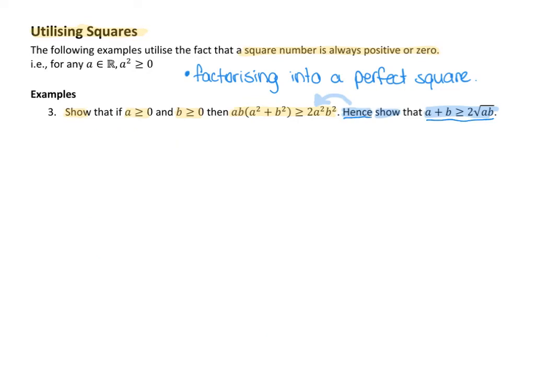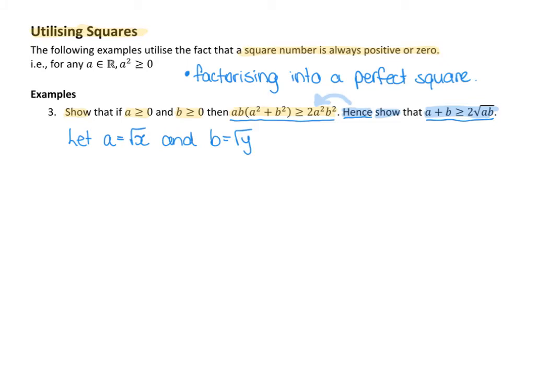So I'm going to take this statement that we've now proven to be true, and I'm going to make a substitution into it. So I'm going to say, let's let all the a values now equal the square root of x. And we'll let the b values equal the square root of y.